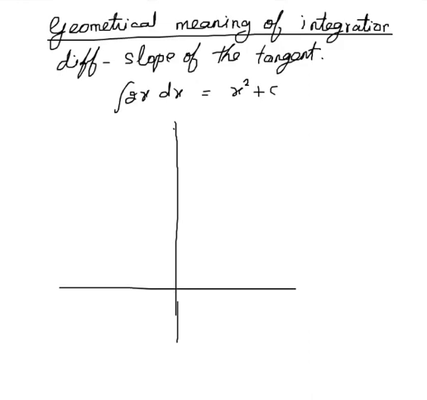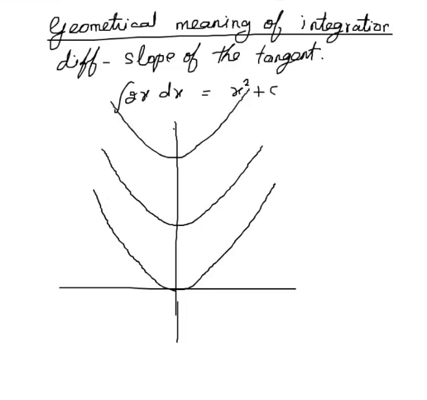If c is 0, x square represents a parabola which passes through the origin. If c takes some other value, we get another parabola like this. So this x square plus c represents a family of parabolas.